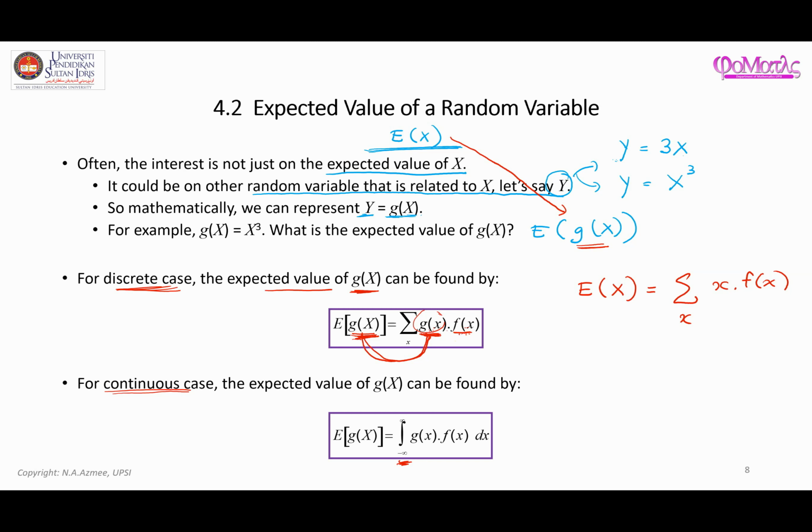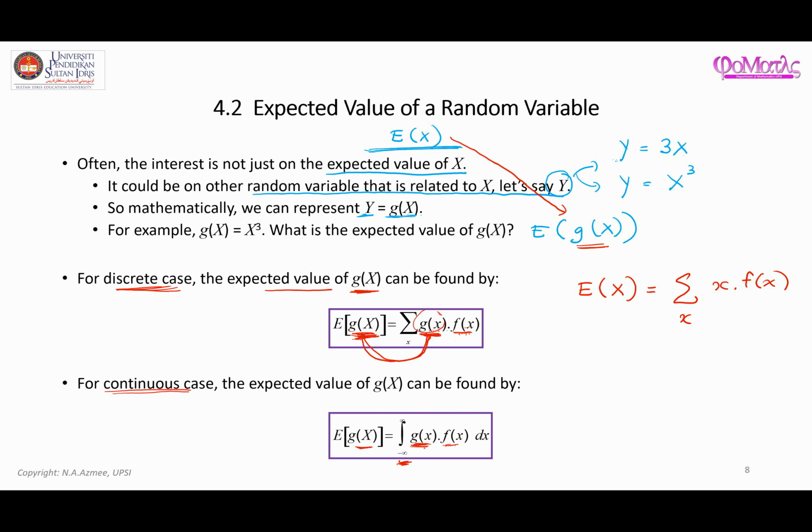The idea is very simple: just substitute whatever you need to find right next to f(x). Similarly for this one, g(x) is what you are interested to find, so just substitute that right next to our f(x). And for the continuous case, you just need to integrate those expressions right here.